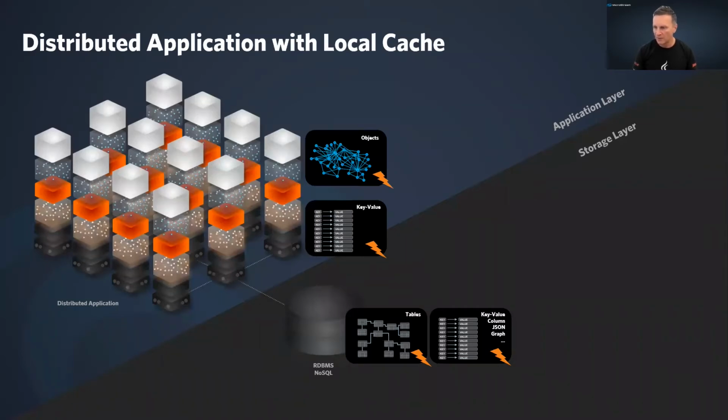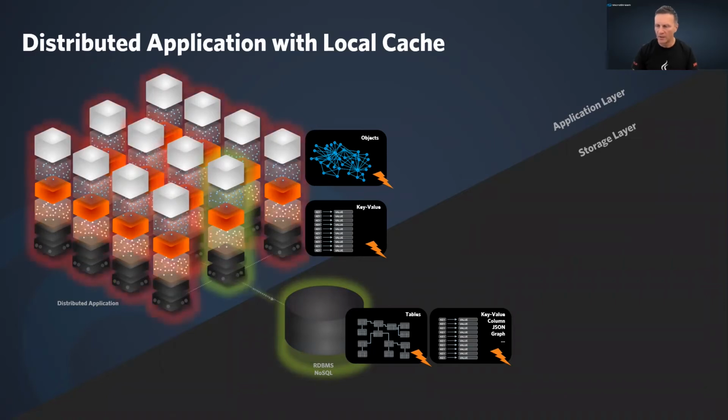What happens if the data changes in the database? Let's say one node changes an object and writes it back to the database. Then only this node and the database are consistent, and the data in all of the other nodes in their local cache are inconsistent. So this might be a problem.